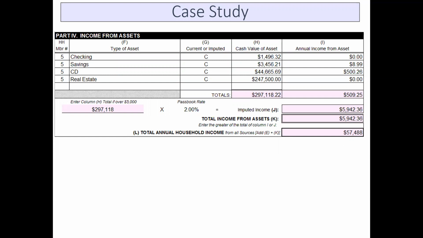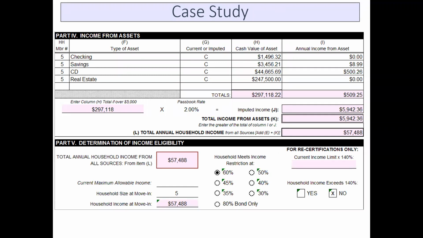So this adds together for us the income that the household earned plus the income from assets for a total of $57,488. That carries down into our determination of income eligibility section. So we know $57,488 is what the household earns. We would then need to take a look at the income limits for a 5-person household and see what we could qualify them at.